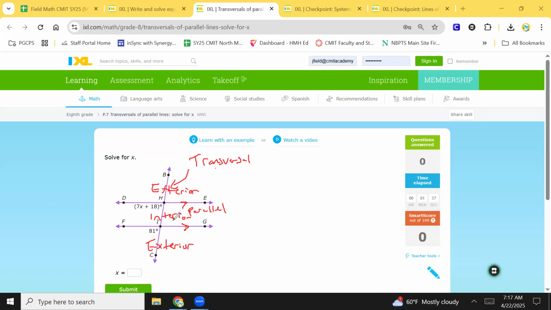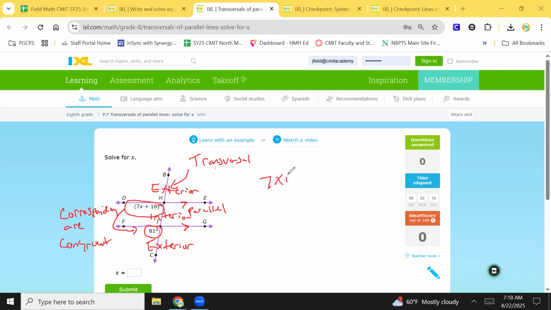Okay, so we want to look and see if we have angles that are the same or supplementary, adding up to 180. And so here is a pair of angles that are the same. Okay. And these are called corresponding angles. And corresponding angles are congruent.